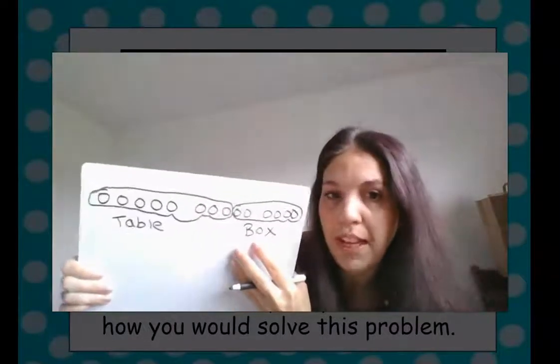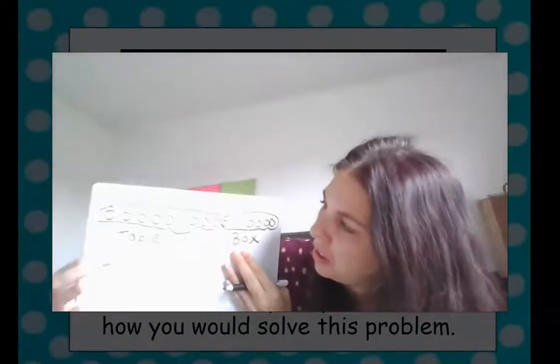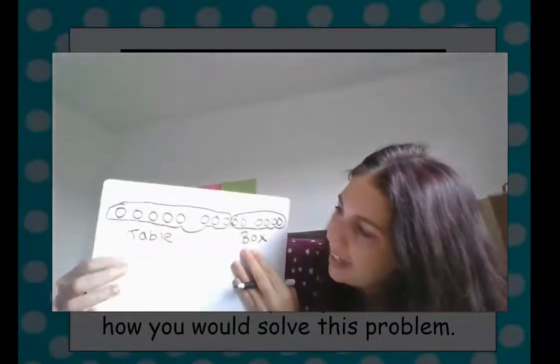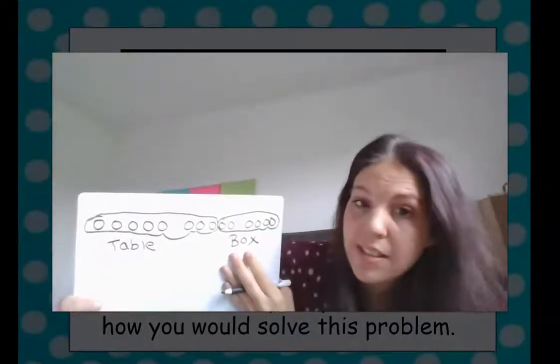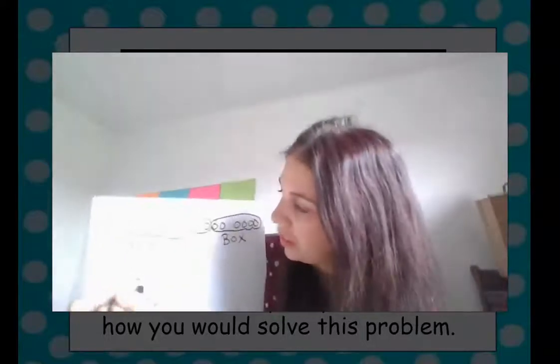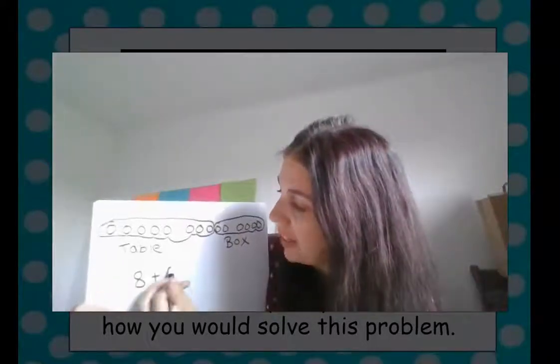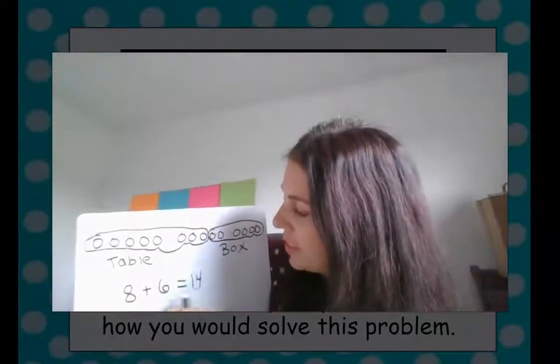So I'm going to label that group box. So we have how many on the table? 8. And how many are in the box? 6. So now we can say 8 plus 6 equals 14.